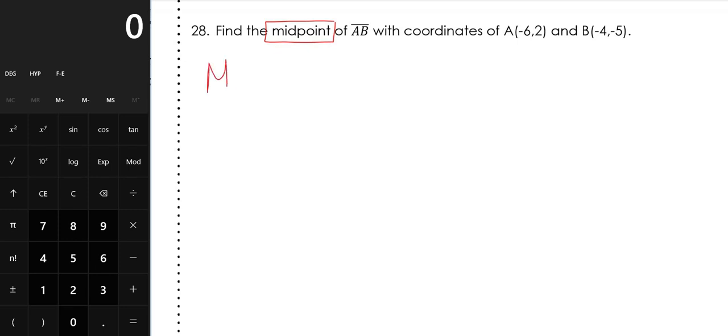Let's write it down. Try it yourselves before I write it down. x1 plus x2 divided by 2, y1 plus y2 divided by 2. In other words, you're taking the average of the x's and the average of the y's.